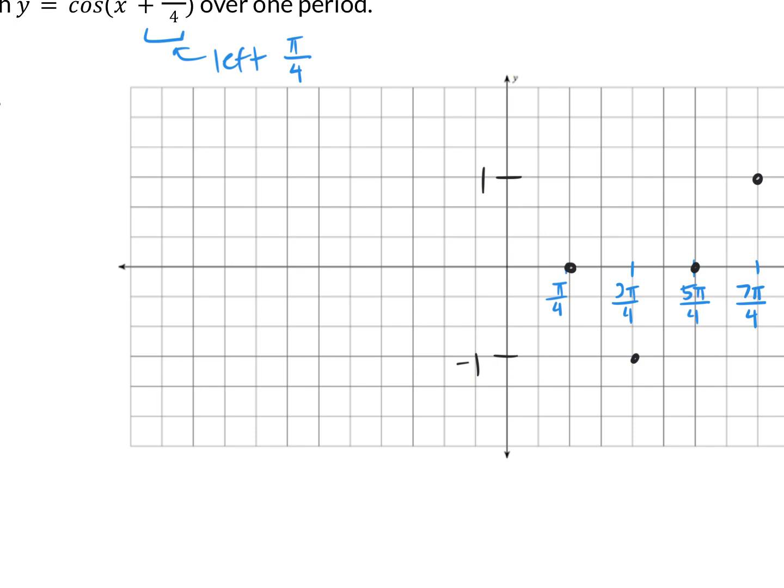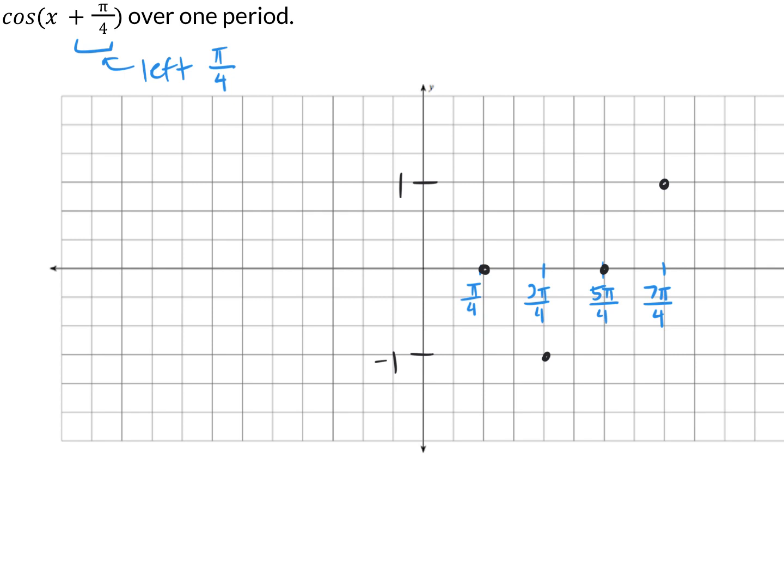Well, this is annoying. Because then I can't just make that be. Okay, I'm just going to fix this real quick. I'm just going to erase that real quick. And I'm going to make this negative pi over 4. I was off by just one little tick mark, and then it was looking weird.